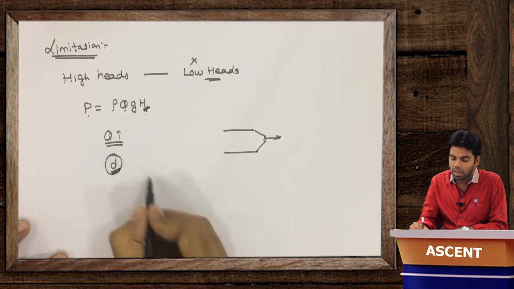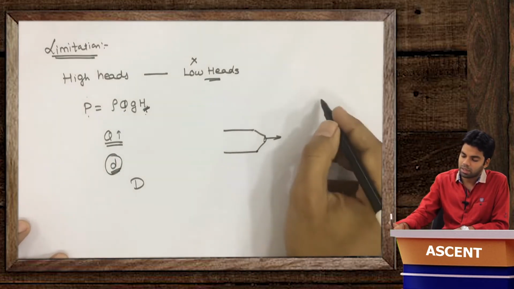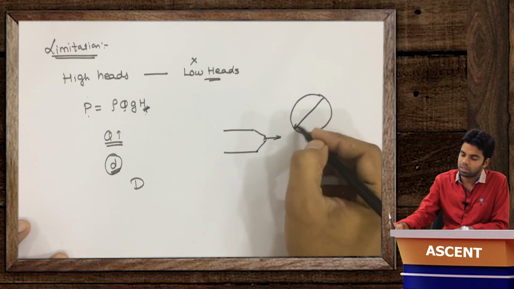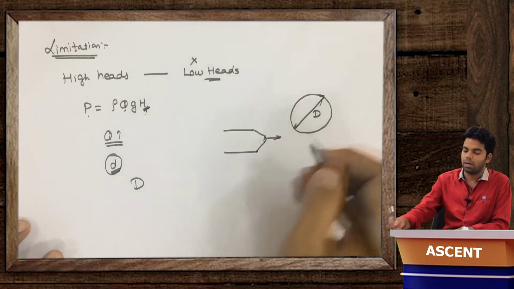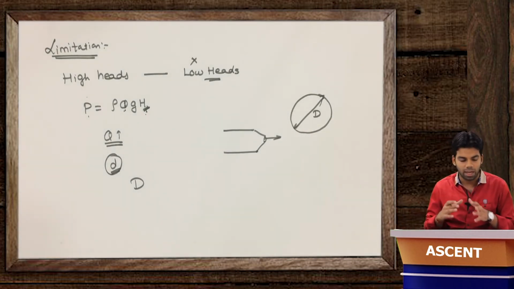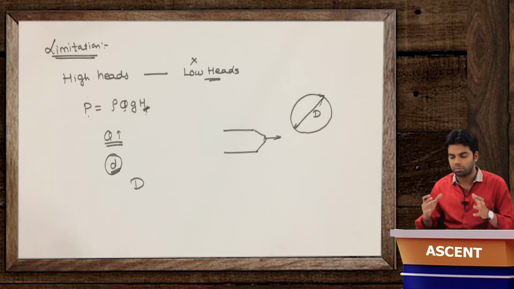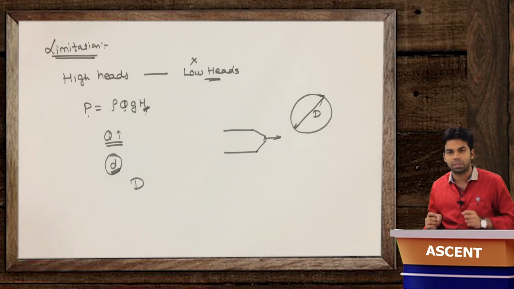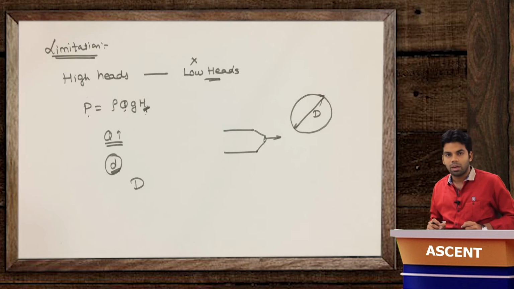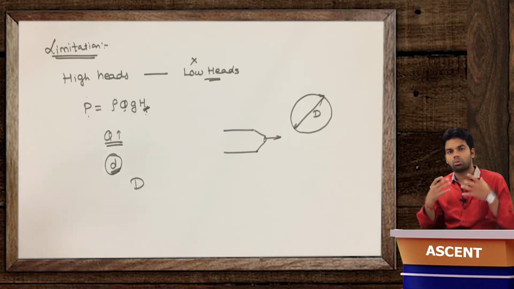And if this d is high, obviously the capital D, that means the diameter of the runner, should also be high. And obviously we will have a very bulky model, which will not be viable for power generation, because the bulkier it is, the greater its self weight will be, which has to rotate.